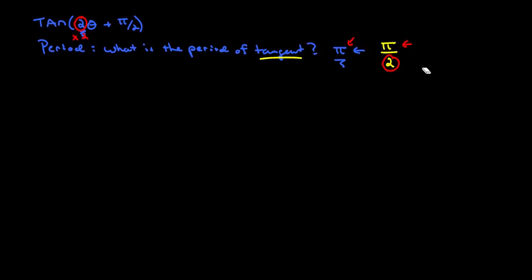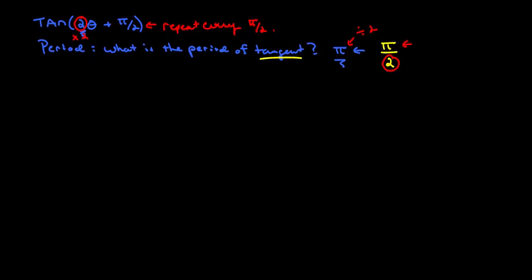I guess I should put this up here so that it's not confusing. We're going to divide by 2 here. So your period is pi over 2. So this new tangent function repeats every pi over 2, or every 90 degrees.